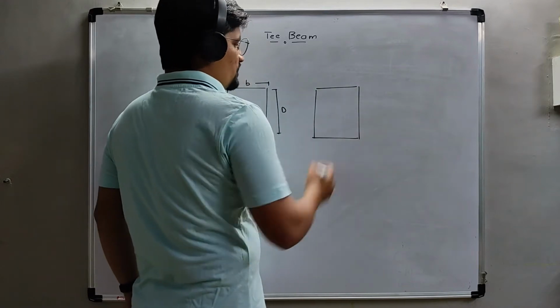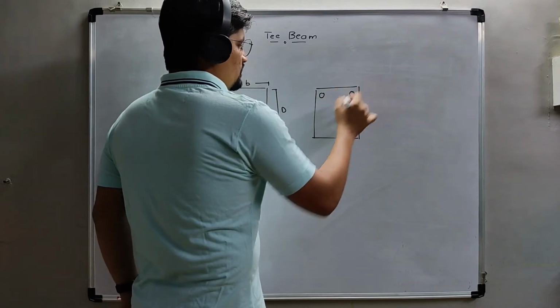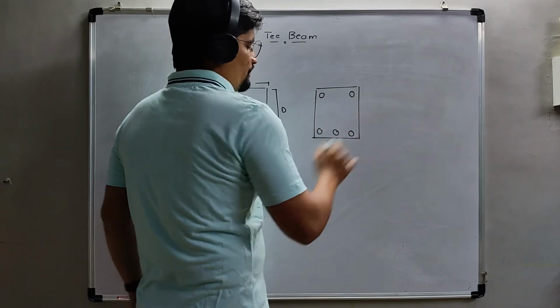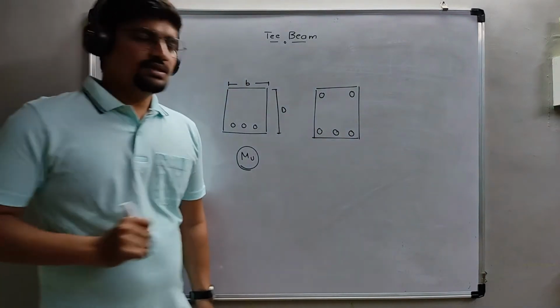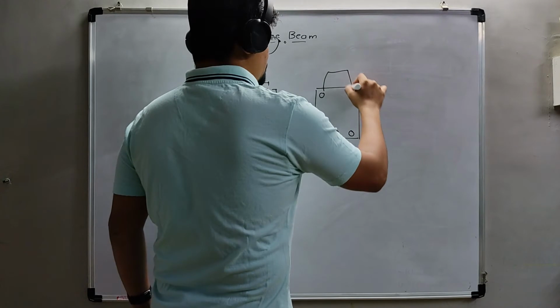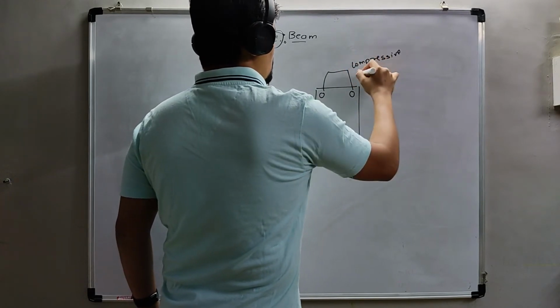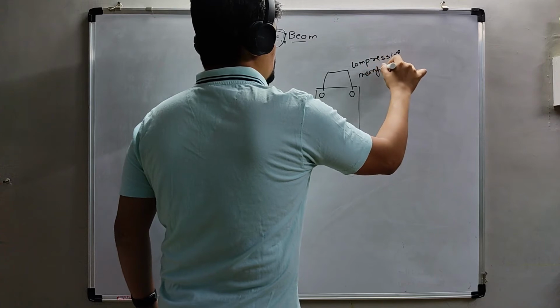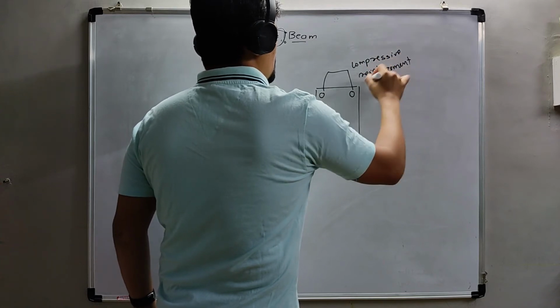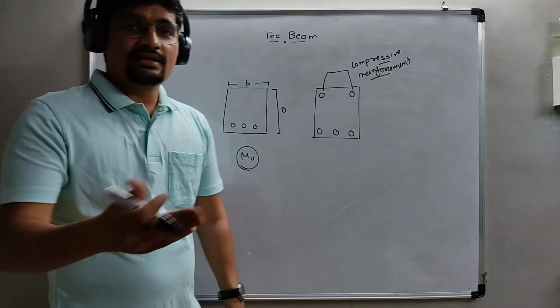In a doubly reinforced beam, we provide reinforcement on the upward side, which means compressive reinforcement. It is used to resist the additional moment.